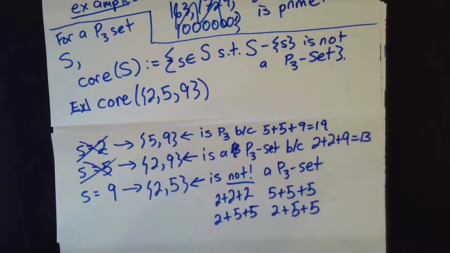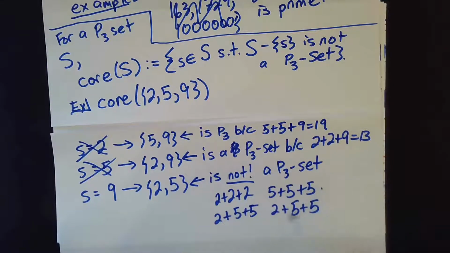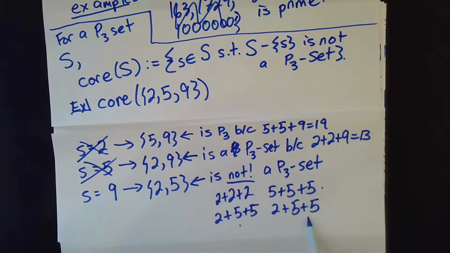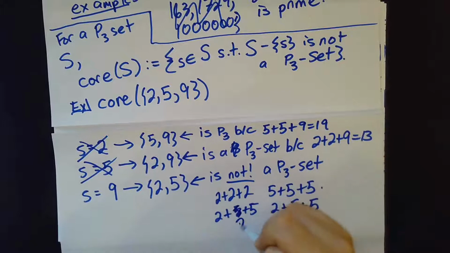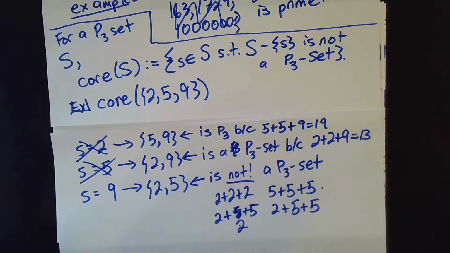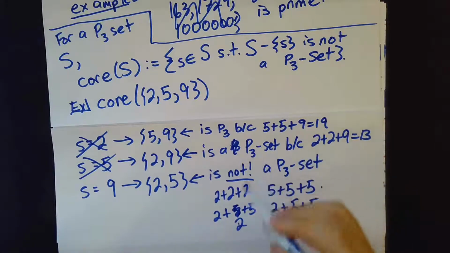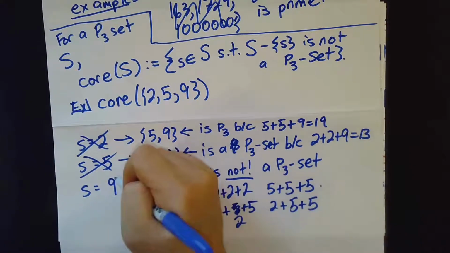In fact, I believe these are all the possibilities of things that I could get out of sums of 3 elements of this set. This one is 6, that one's 15, this one's 12, and... oh, sorry, I wrote down the same one twice. This one should have been... this one is 9, and this one is 12. And, well, that doesn't work. All of these happen to be divisible by 3. Okay. So, because this is not a P3 set, this is in the core.